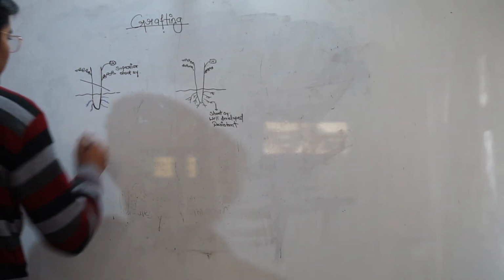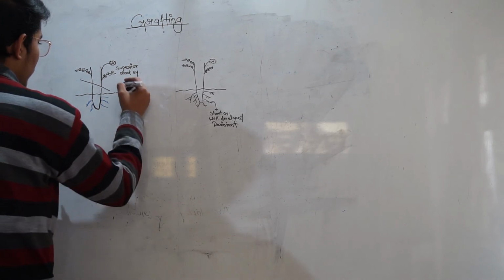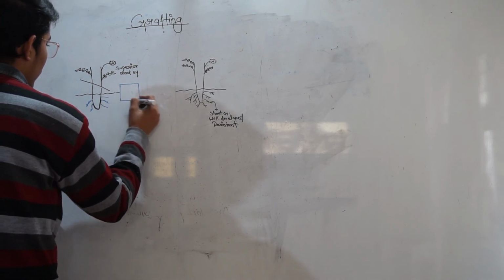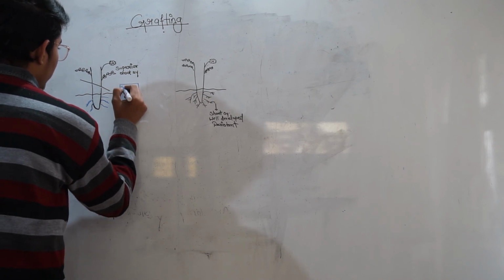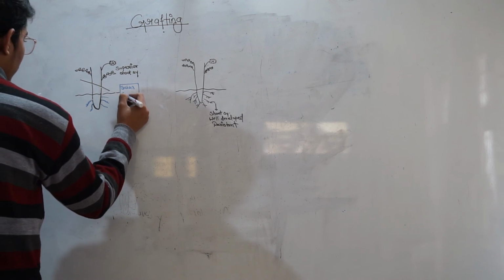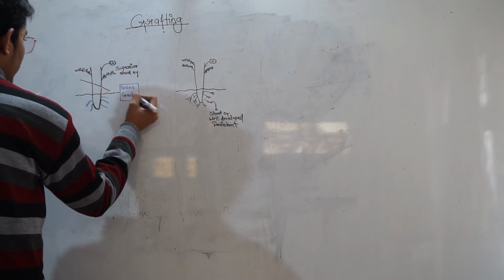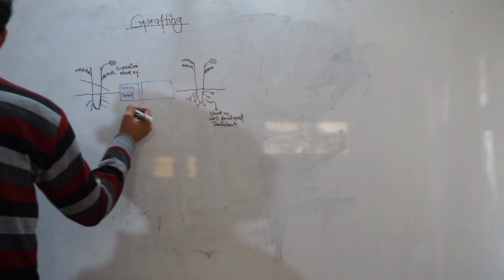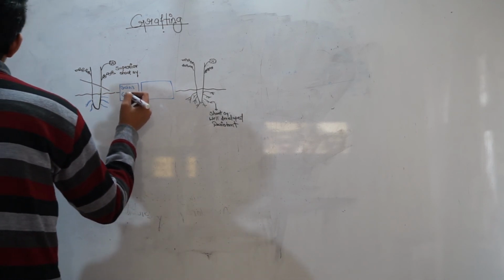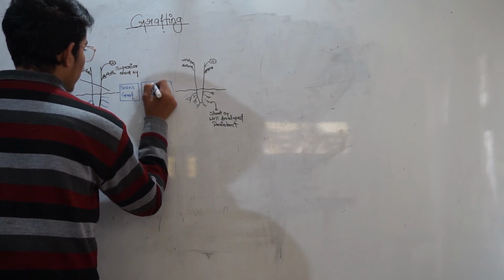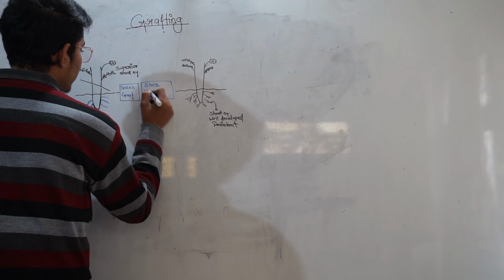So we take the shoot system part, also known as the scion part, for grafting. We will graft it, and from another plant, plant B, we take the root system, also known as the understock.